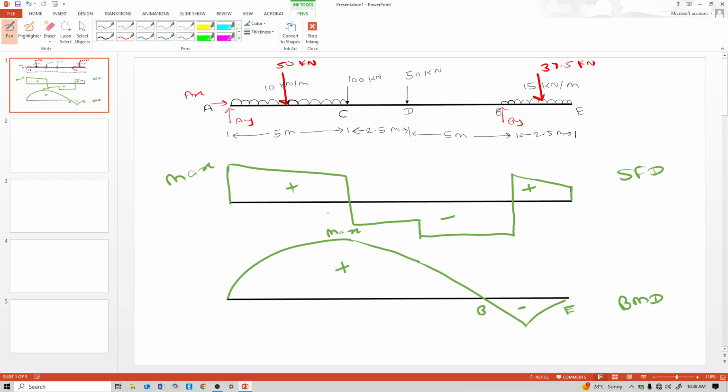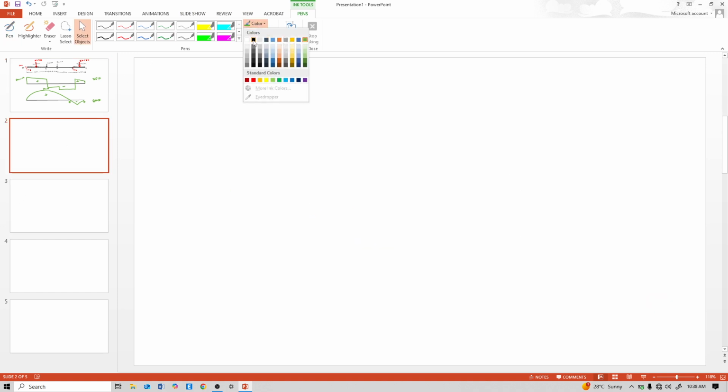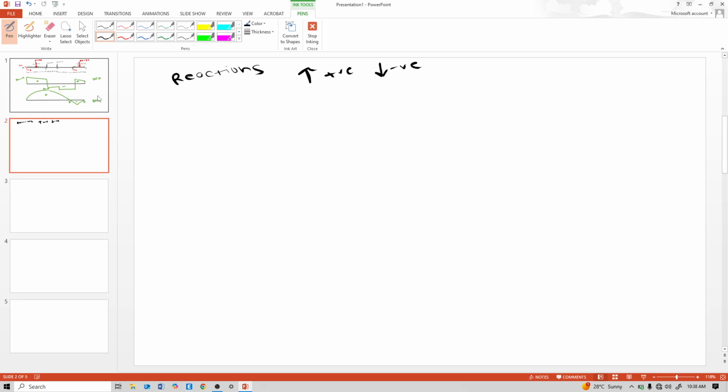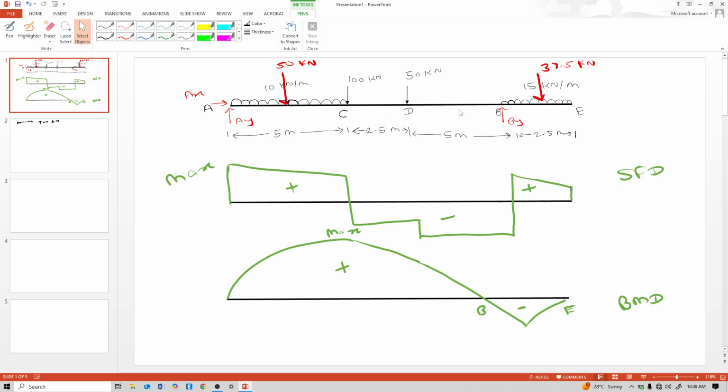Now let's solve this. First we will calculate reactions. Vertical force positive and downward force negative. See the free body diagram. AY and BY are vertical, and 50, 100, 50, 37.5 are downward.